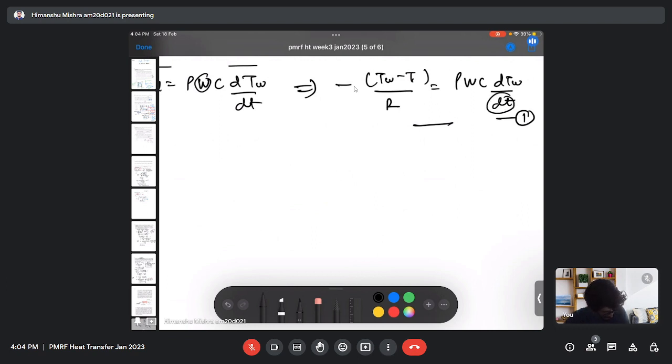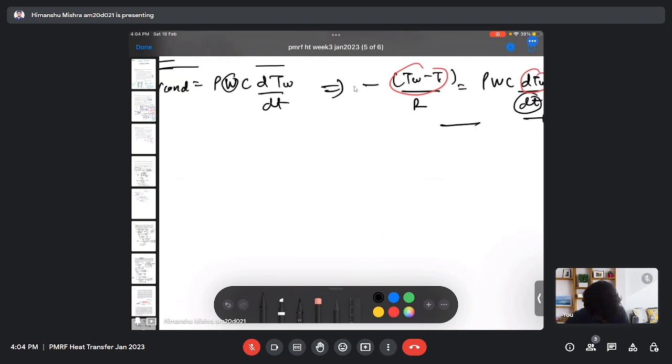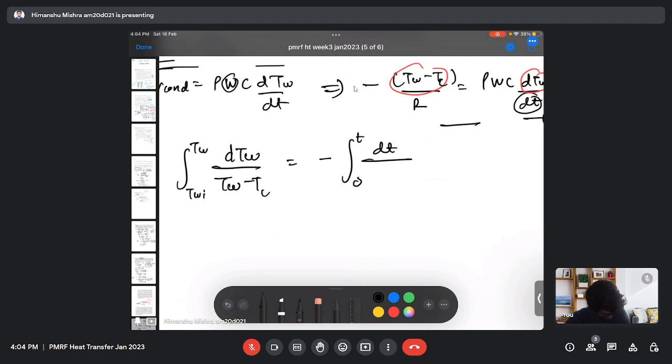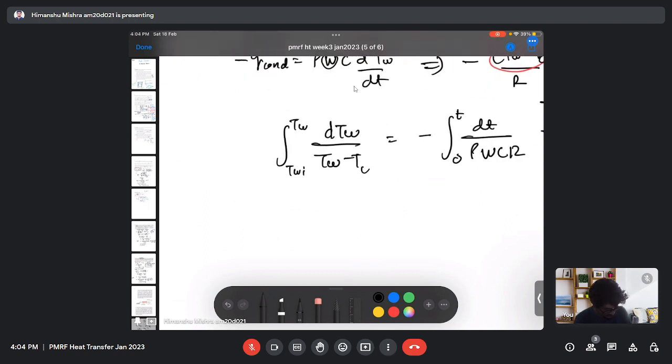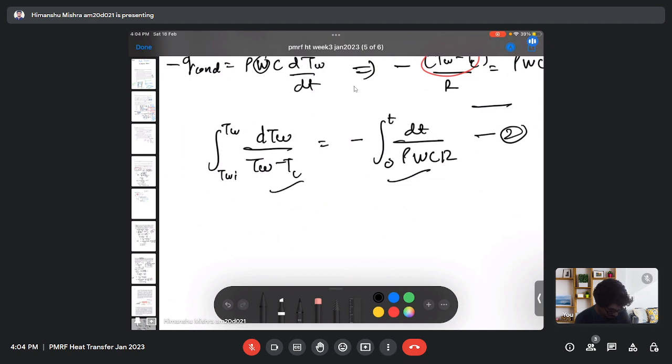So I can move this into the left hand side, and I can move this temperature term along with the dt. So this is just a rearrangement of equation 1 here.